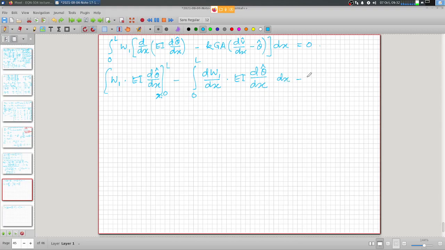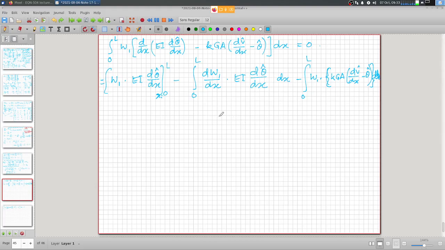And this one remains as it is: W1 multiplied by kGa dV hat. So this is equal to 0.